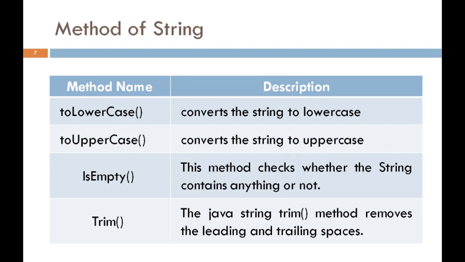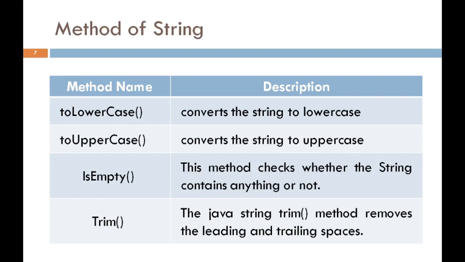The next method of the string is isEmpty. This method checks whether the string contains anything or not, that means whether the value of the string is present or not. Like this, if I have one string which has a blank value and another string which has the value "hello", then if we check str1.isEmpty, it returns true.